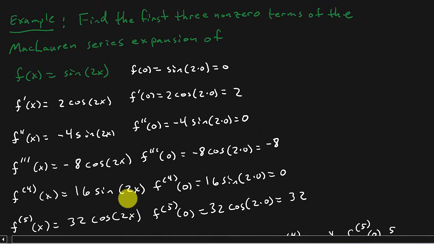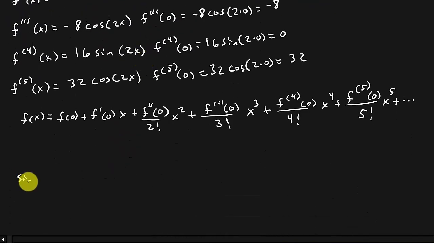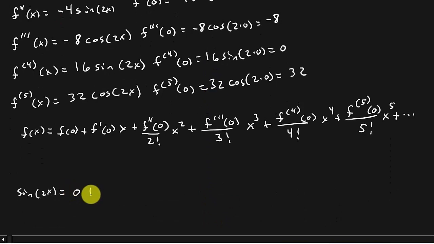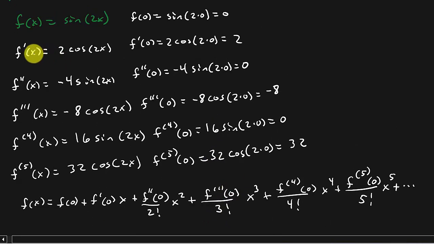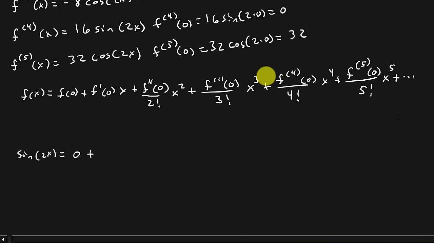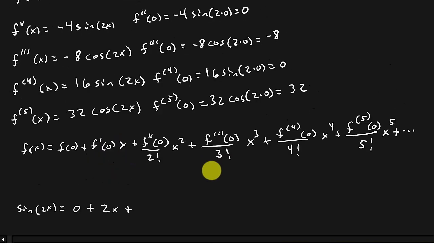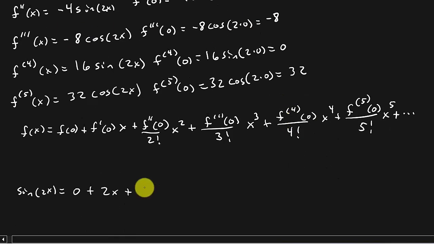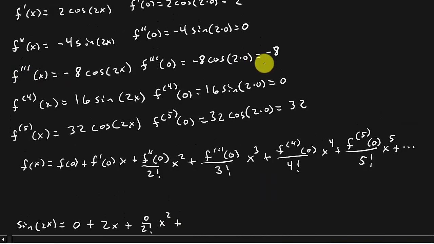And so I get sine 2x is equal to, all right, so f of 0 is 0. So that's going to be 0 plus, and then f prime at 0 is 2. So that's going to be 2 times x plus, and then the second derivative evaluated at 0 is 0. So that's going to be 0 over 2 factorial x squared plus, and then f triple prime, that's negative 8.